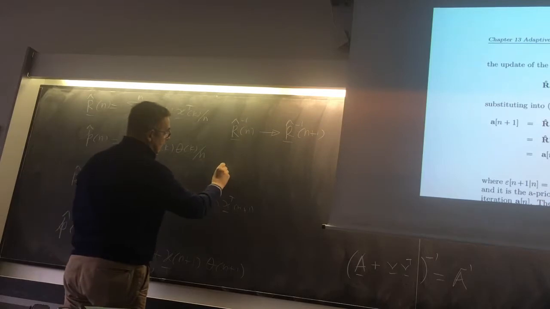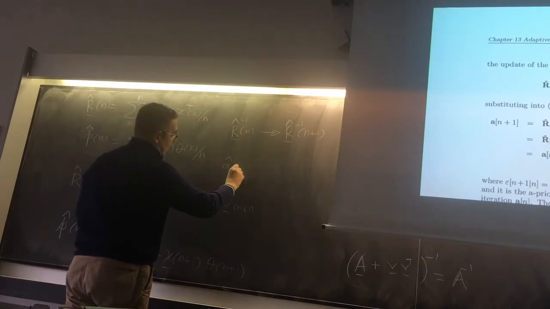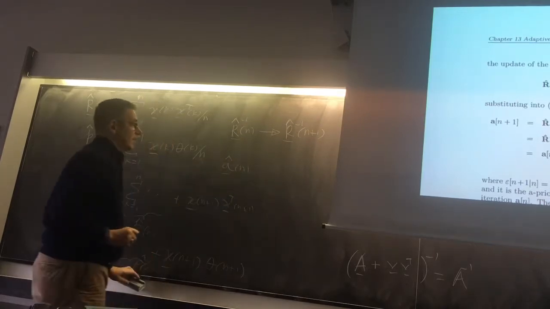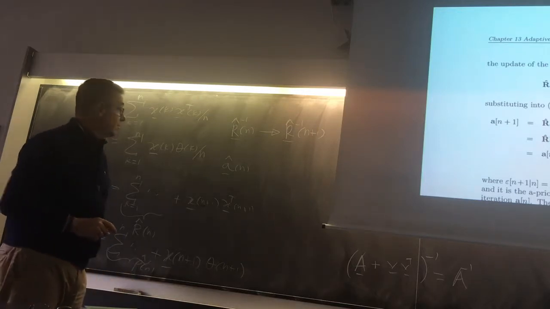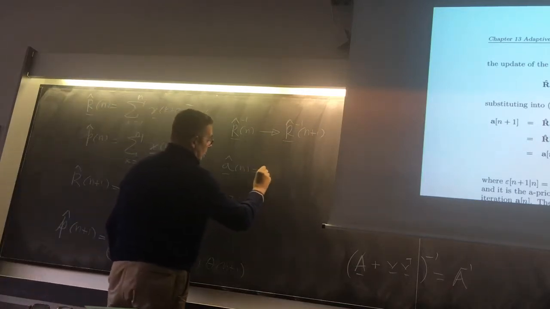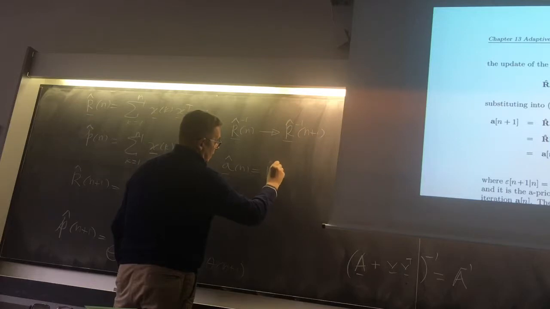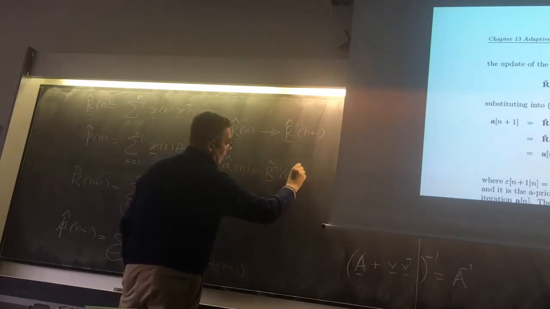But if I take the estimated value A of the filter at the n iteration, this is equal to r hat minus 1 n times p at n.